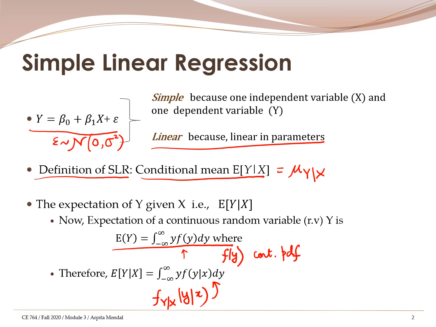If you have brushed up your basic statistics, then you would also remember that for a discrete random variable, the expected value of y would be given by summation over all the j's of y sub j times the probability mass, probability of yj.